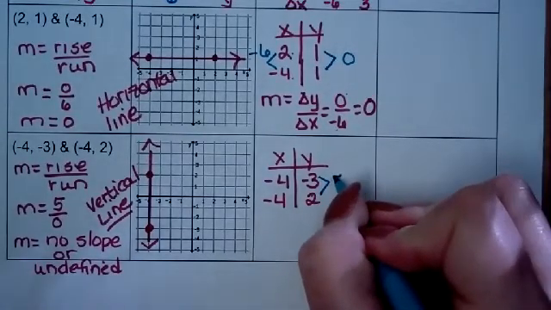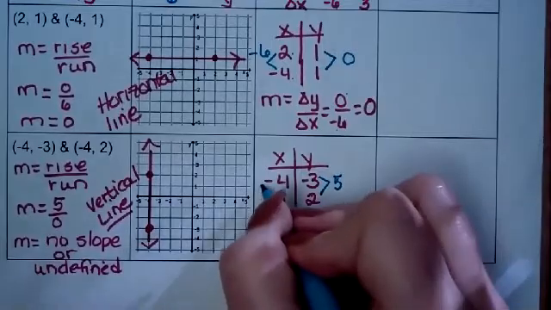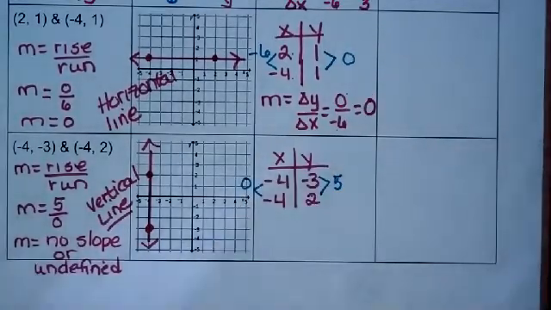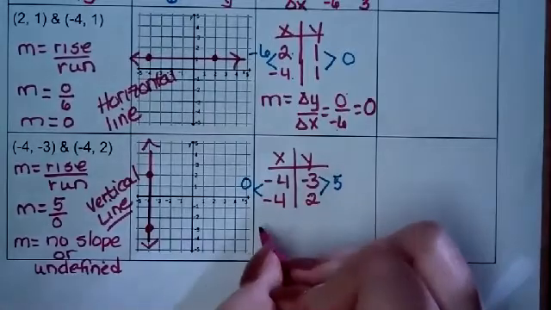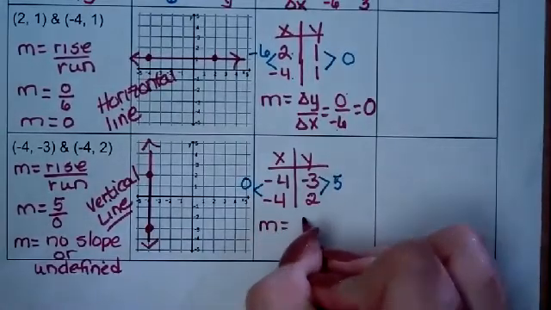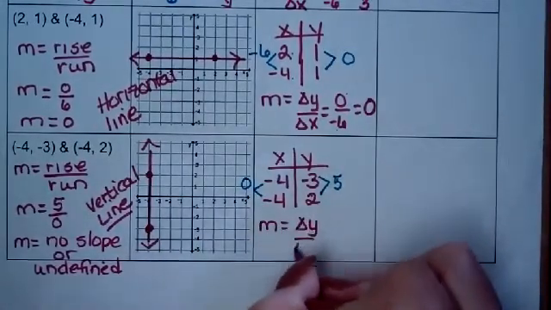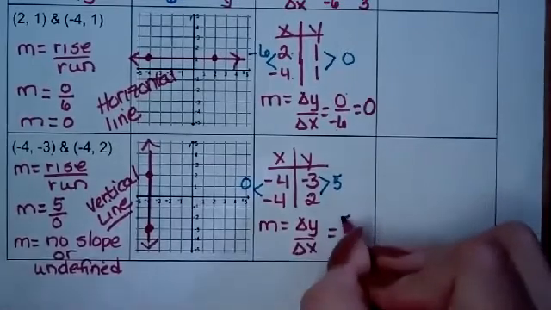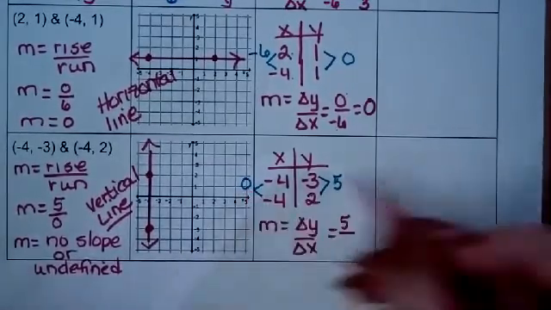I'm going to add 5. What do I add to -4 to get -4? I get 0. So if I come right here, I've got the change in y over the change in x. So change in y is 5, and the change in x is 0.